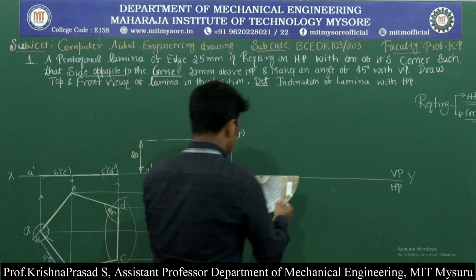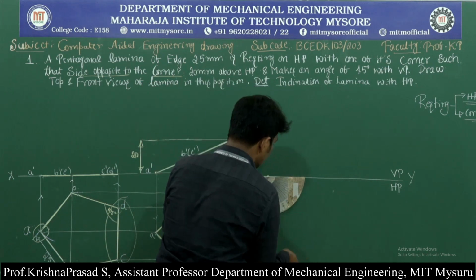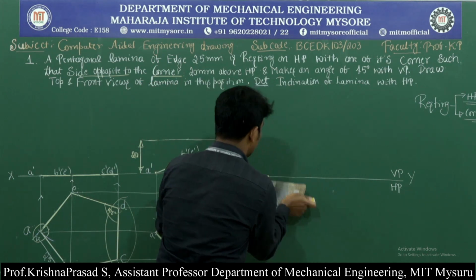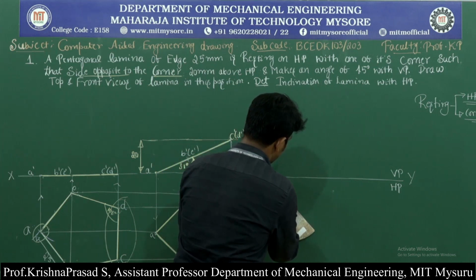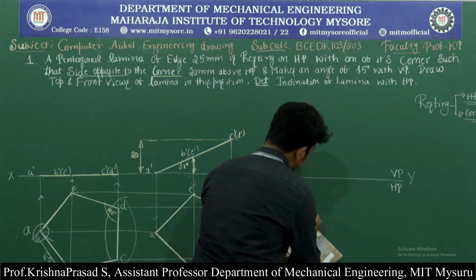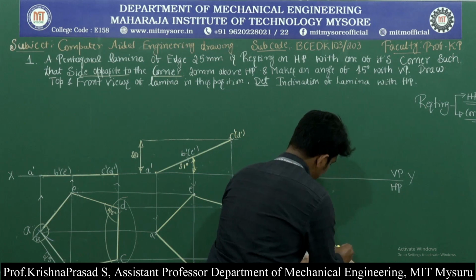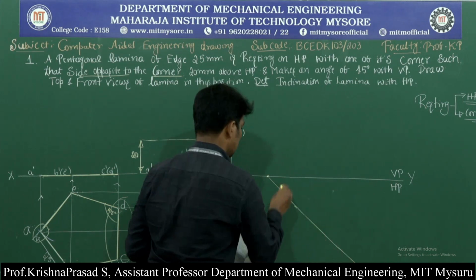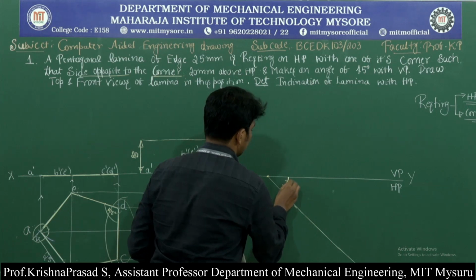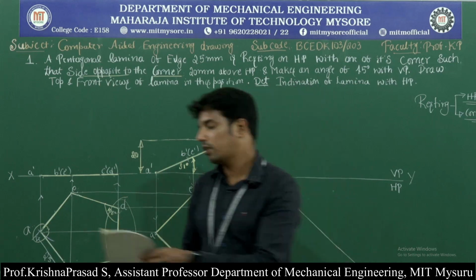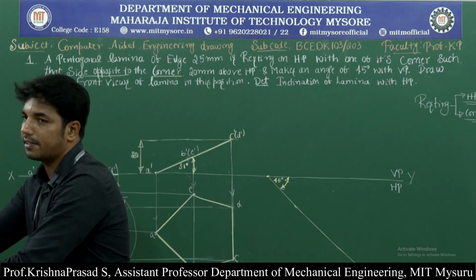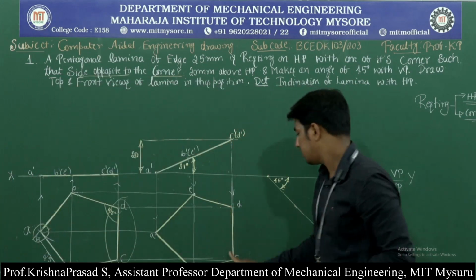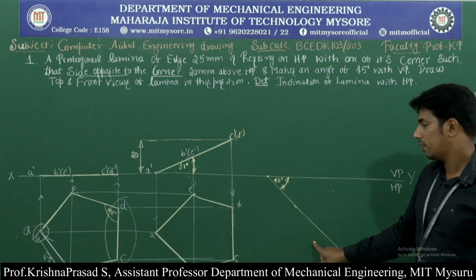Okay, after that keep the protractor here and draw the 45 degree line. Now we need to keep the entire pentagonal lamina with the side DC at 45 degree to VP.